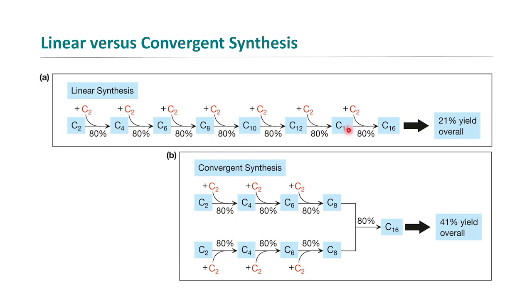These ones just directly multiply to each other, and that gives you 21% yield overall. For these ones, you'd go 0.8 times 0.8 times 0.8 and get that number. You'd then take 0.8 times 0.8 times 0.8 and get that number. And then those would be the base number. You would then multiply that base number by 0.8 again, and that gives you your overall yield right there.